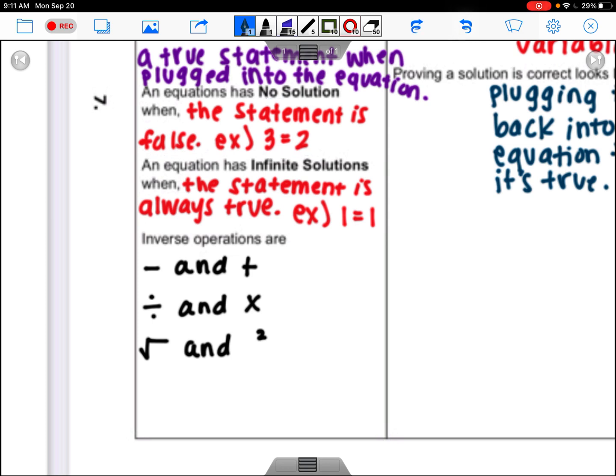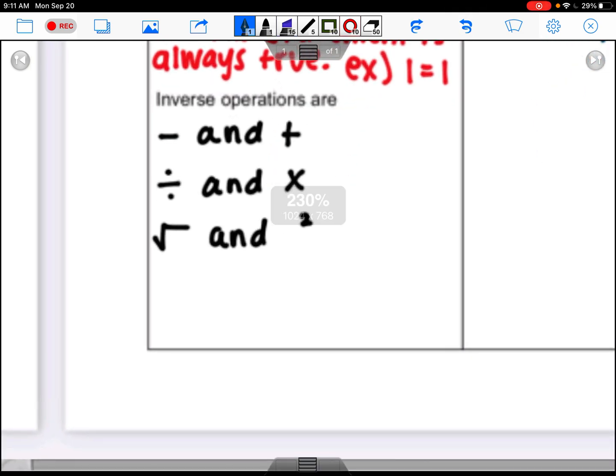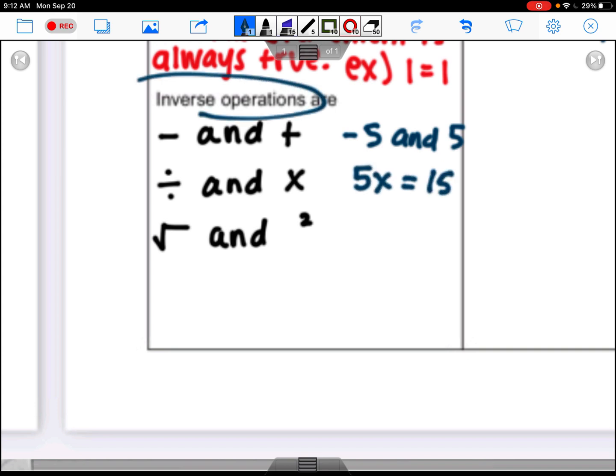Here are some inverse operations, negative and positive. For example, -5 and +5 are inverses, which means they cancel each other out. -5 and +5 make 0. If I have 5x equals 15, what's the inverse operation?